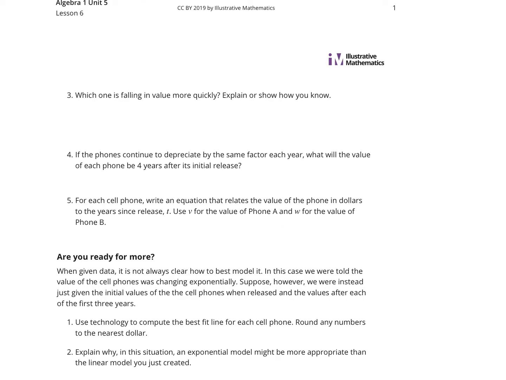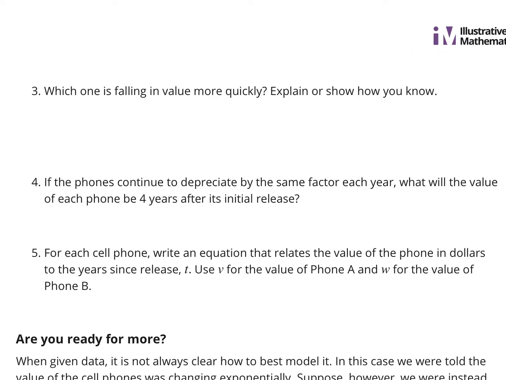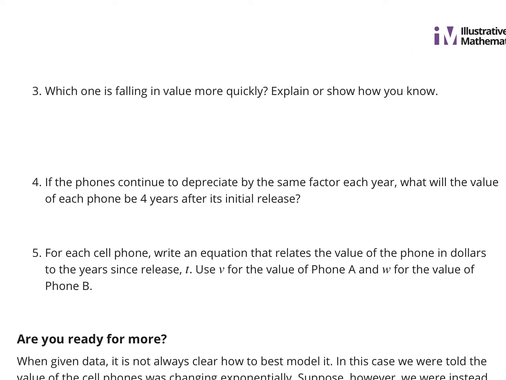Let's take a look at question 3. This one says, which one is falling in value more quickly? Explain how you know. We already discussed how phone A is losing value more quickly. The way that we know that is if we look closely at how much it loses. Phone A goes from $1,000 to $400 in the first year.